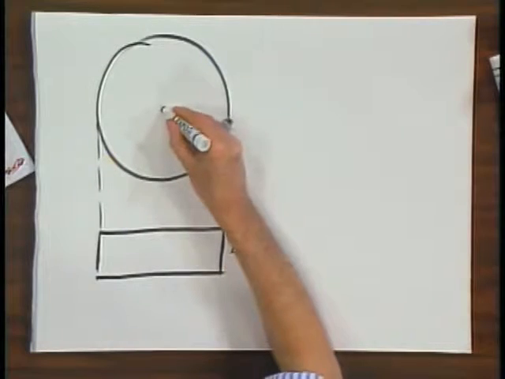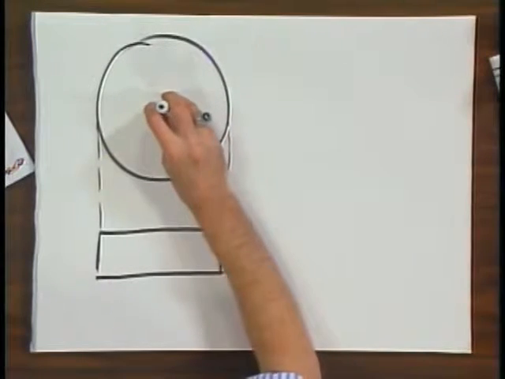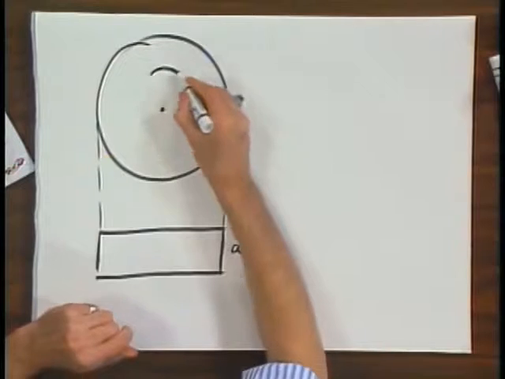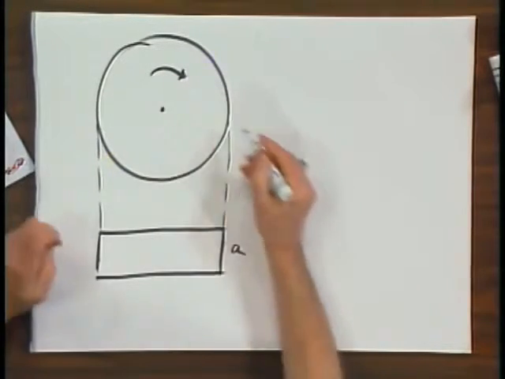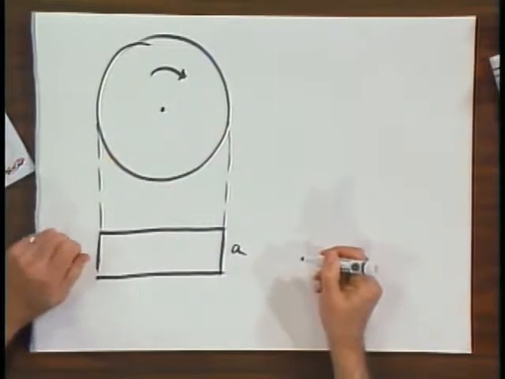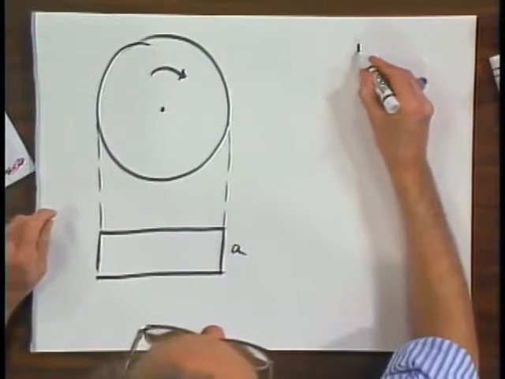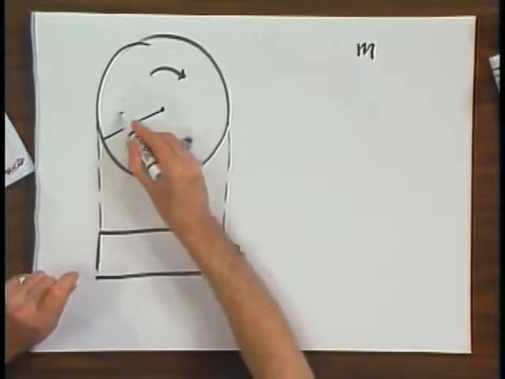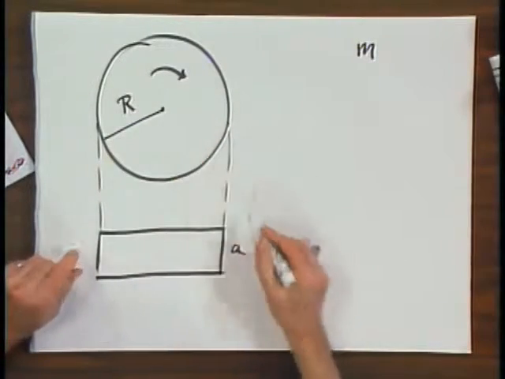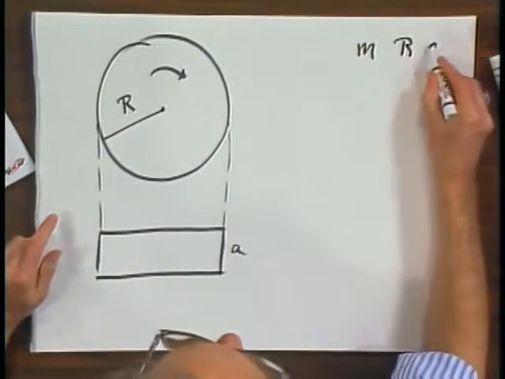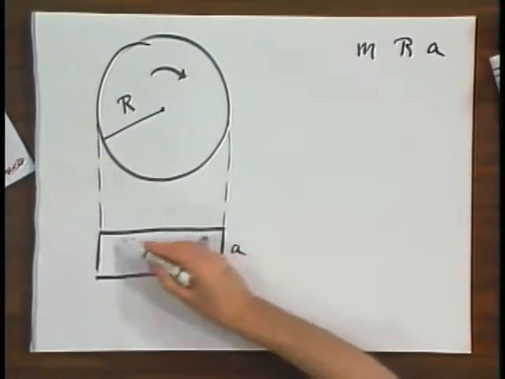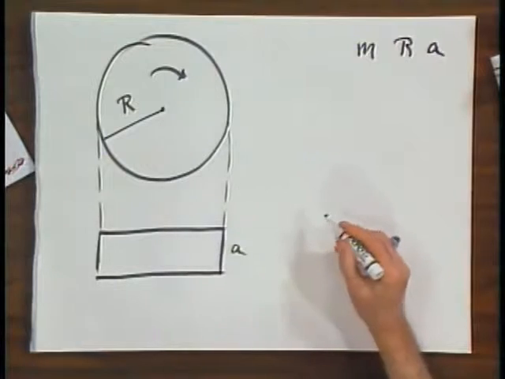It's rotating about this axis of rotation, perpendicular to the paper. It could be rotating in this direction, or it could be oscillating back and forth. And it has a total mass m, a radius r, and thickness a. And the mass is uniformly distributed throughout this cylinder.